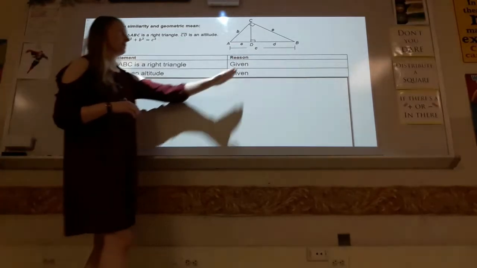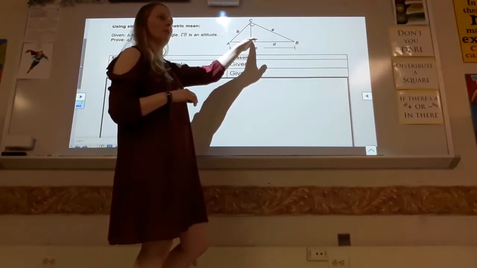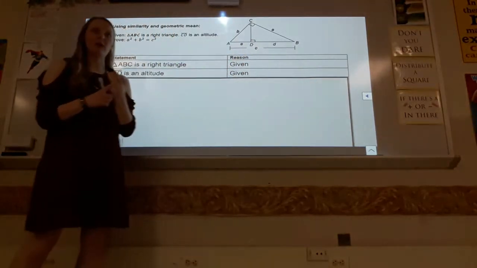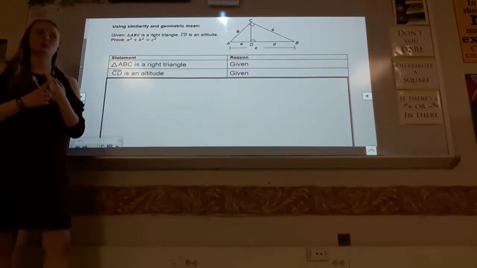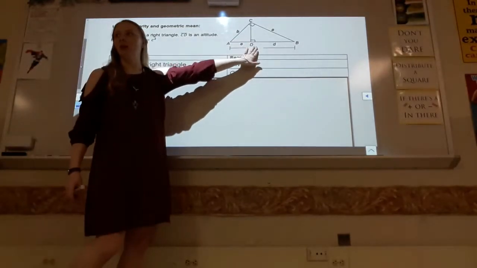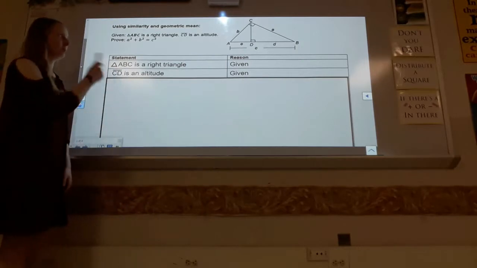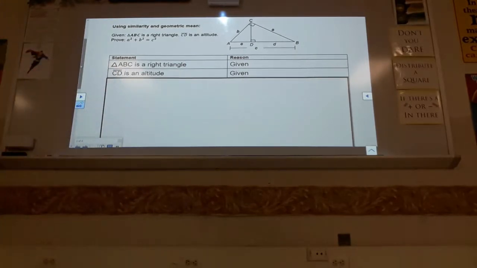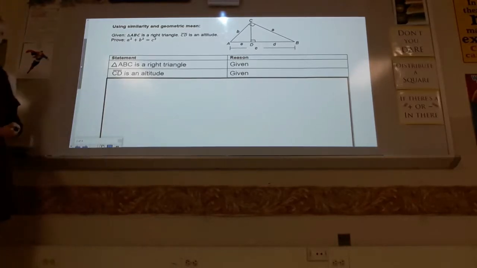Let's say I asked you guys to solve for the altitude. What method would you use? You guys remember? The splash mountain and the roller coaster rules. Those apply in this scenario. So we're actually going to be using those ideas to help us with this proof right here. Alright, so we're going to be taking that idea to help us.